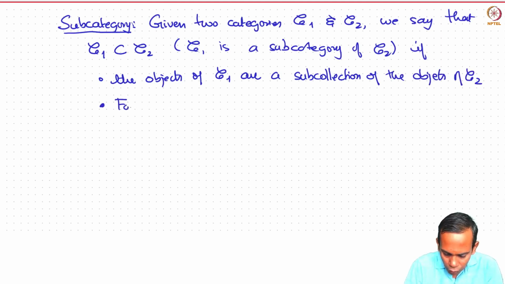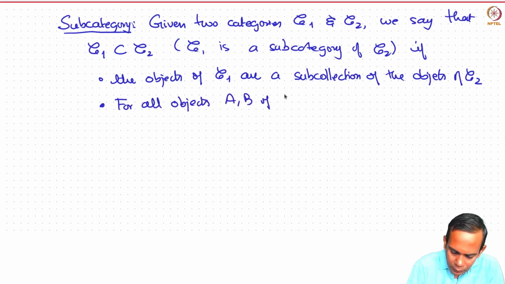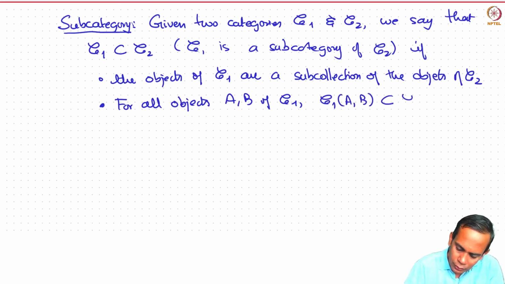Then for all objects A and B of C1, the arrows in C1 from A to B are a sub-collection of the arrows in C2 from A to B.